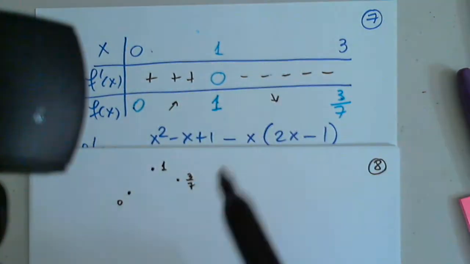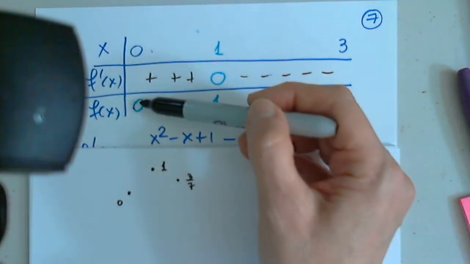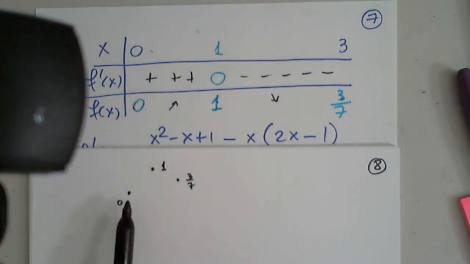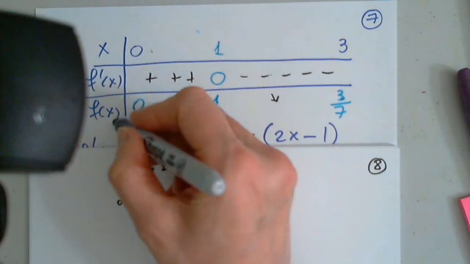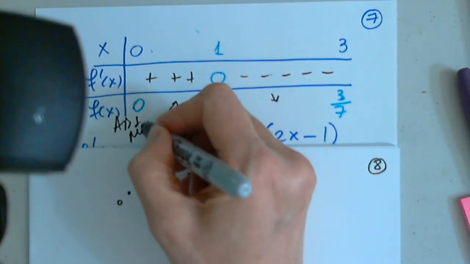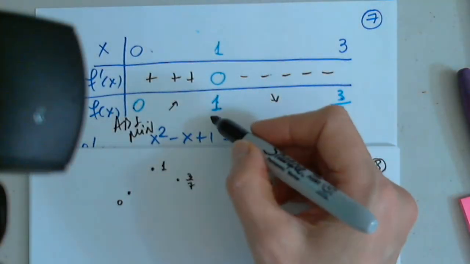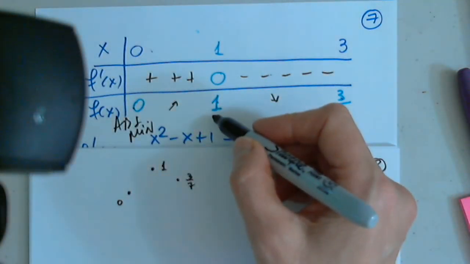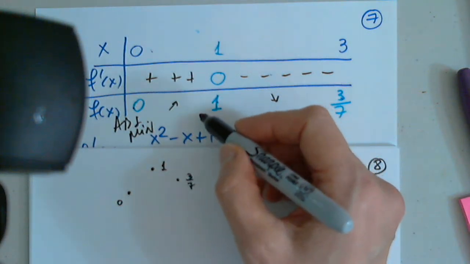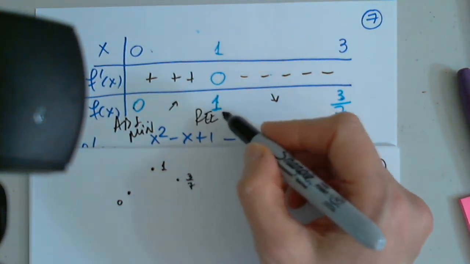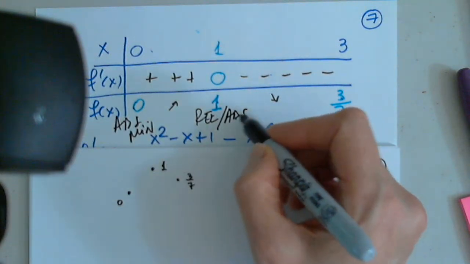So now, what do we conclude about 0, 0? Absolute minimum. Very good. What do we conclude about 1, 1? It's the relative maximum. Relative, but it happens to be absolute as well.